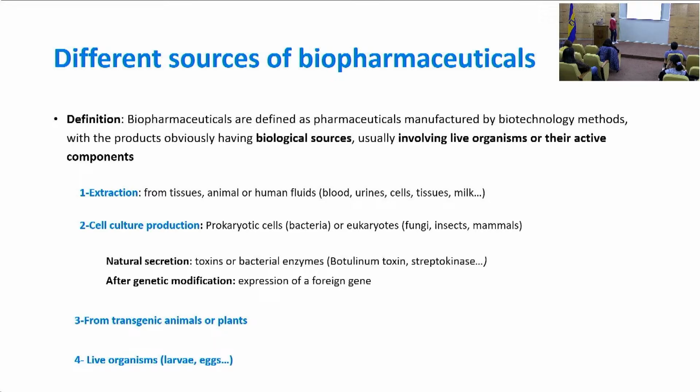They can be issued from cell culture production: prokaryote cells, such as bacteria like Escherichia coli, or eukaryote cells, which are mammalian cell lines such as Chinese hamster ovary, as we talked about yesterday. It can also involve transgenic animals or plants, as well as living organisms such as eggs, which is the case, for instance, for some vaccines. So you have many sources, and it increases the complexity of the problem.